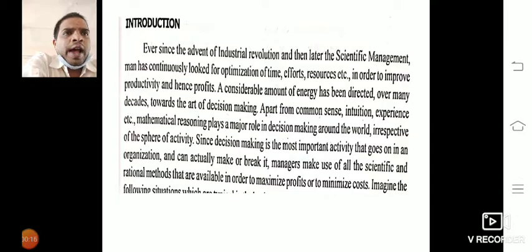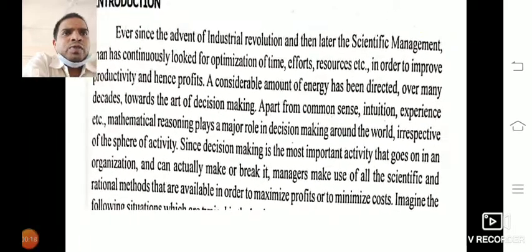Here, as you know, Operation Research is one of the disciplines in the engineering field that is used to optimize time, efforts, and resources in order to improve productivity and profit.